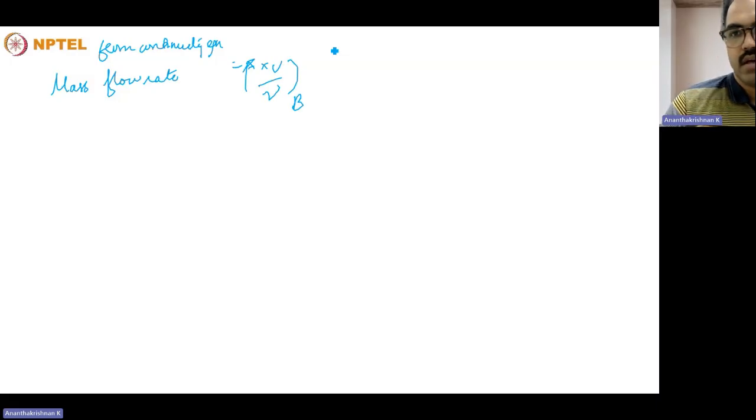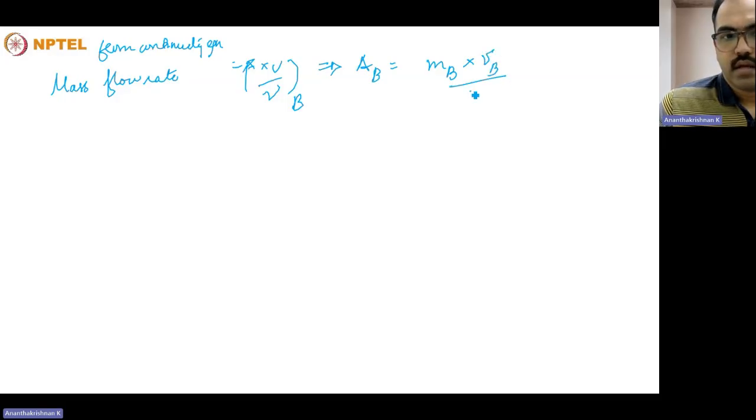Instead of rho A V, since it's air, we can use the specific volume of air at point B. From this, we can get the area at point B, which will be equal to the mass flow rate of air at point B into the specific volume at point B divided by the velocity at point B. The reason we have done all the gymnastics at the beginning is to determine the state point B. We know the pressure, but we have to determine the specific volume.